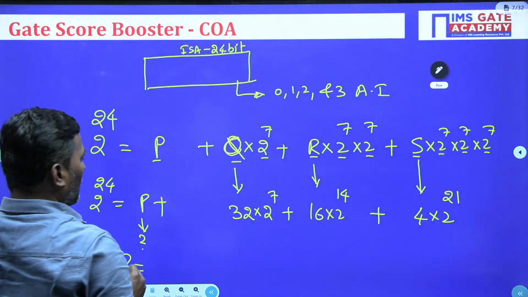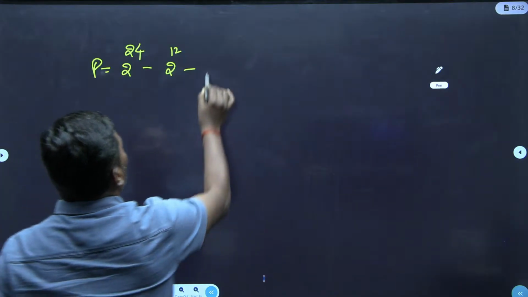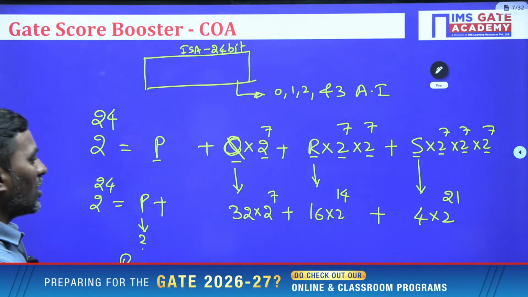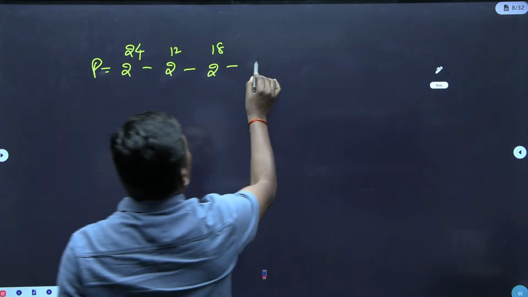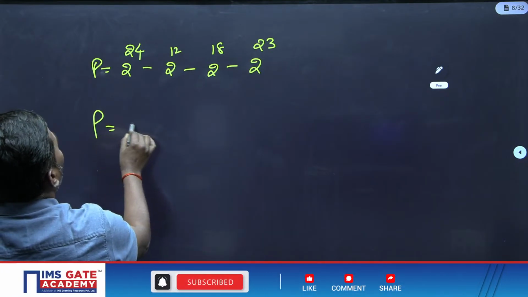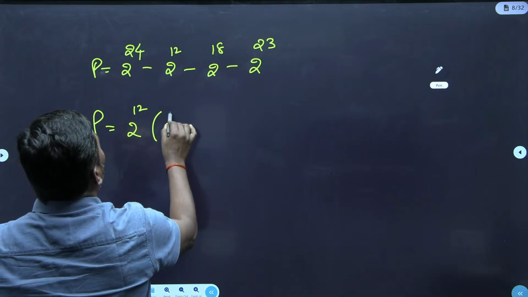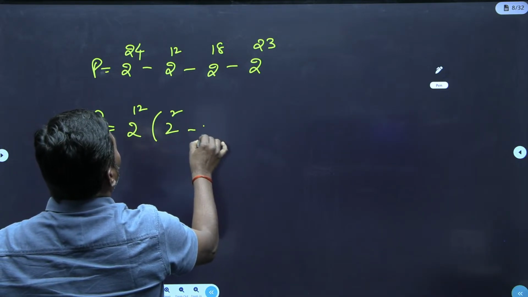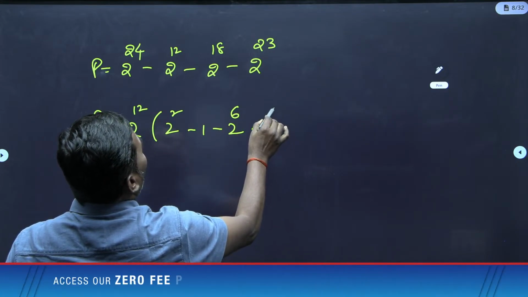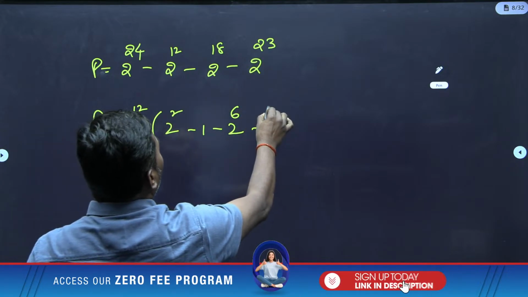Minus 16 means 2 power of 4 I can write. This becomes 2 power of 18, minus this 2 power of 23. So P equal to, you can take something common. 2 power of 2 minus 1 minus 2 power of 6 minus, and 12 means 11 only, right?